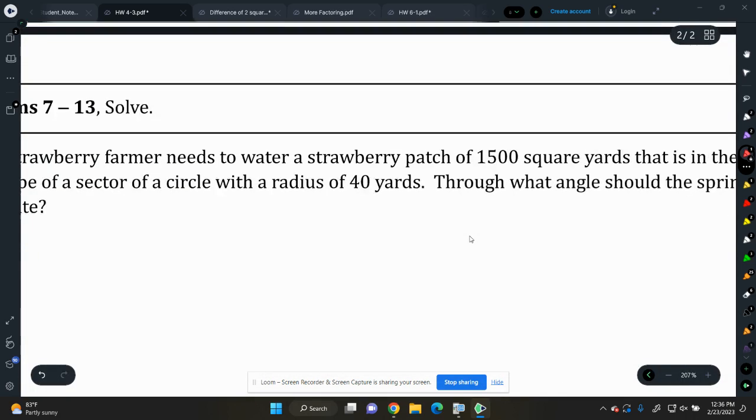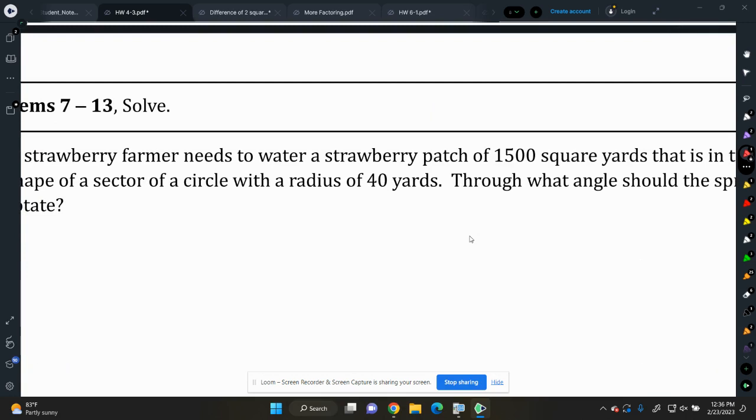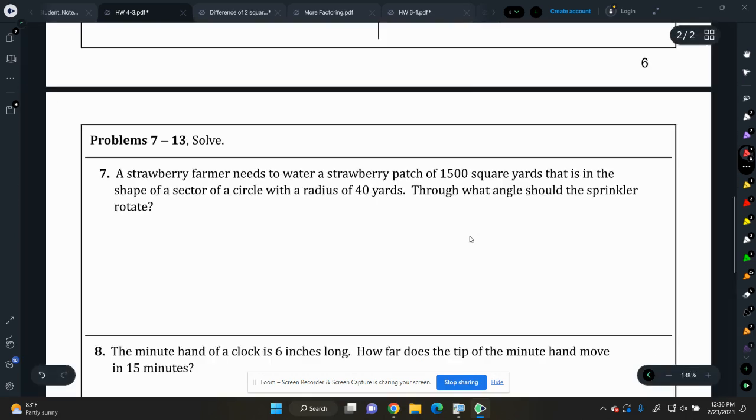Okay, moving on to the word problems. These are more fun. A strawberry farmer needs to water a strawberry patch of 1,500 square yards that is in the shape of a sector of a circle with a radius of 40 yards. Okay, so here's my circle. Here's my sector.